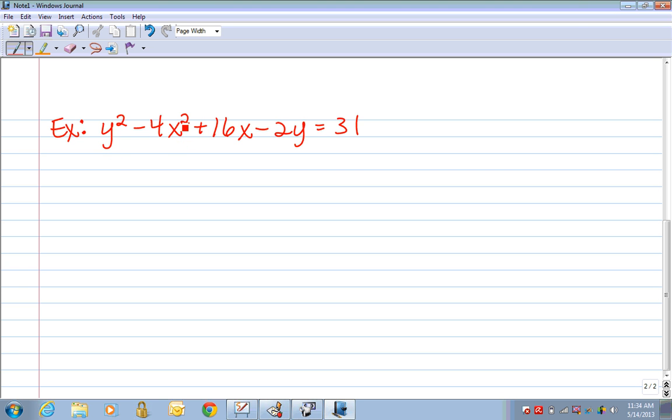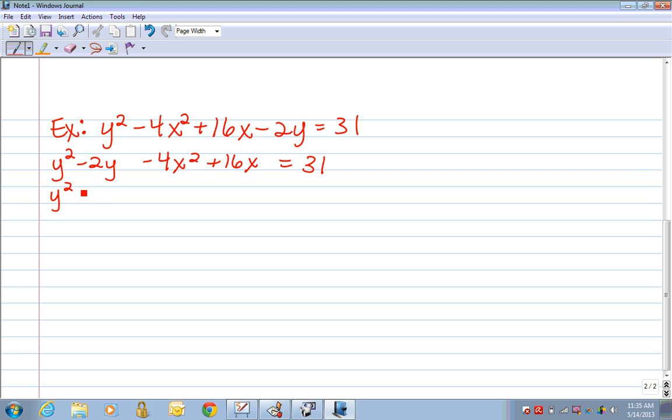If I have x squared and y squared both, one's positive, one's negative, automatically it's a hyperbola. Well, I'm going to get the y squared and the y parts together, because I'm going to need to complete the square. And then I'm also going to gather the x squared and the x portion, and I'm going to need to complete the square.